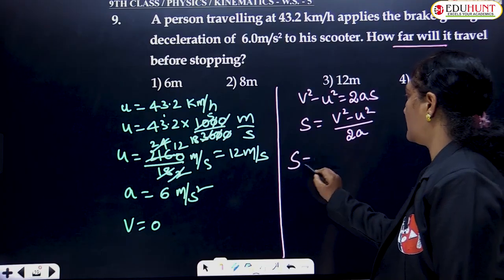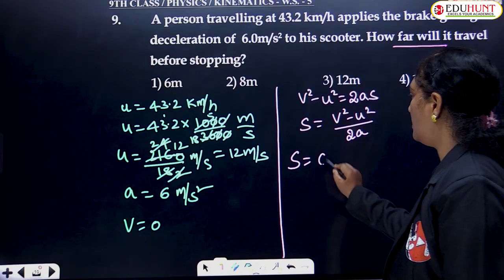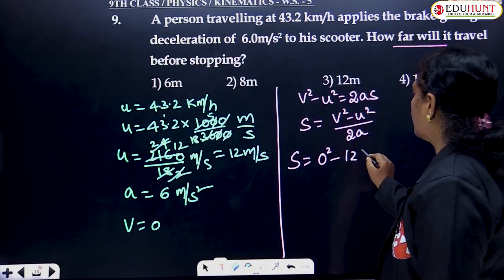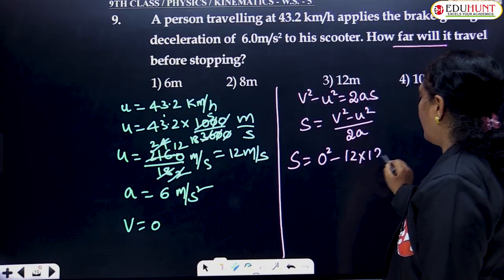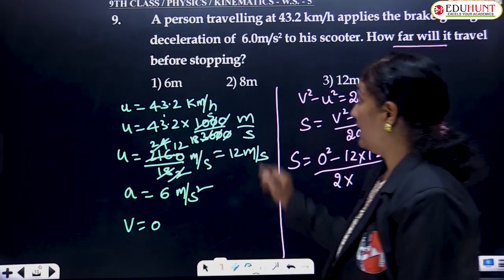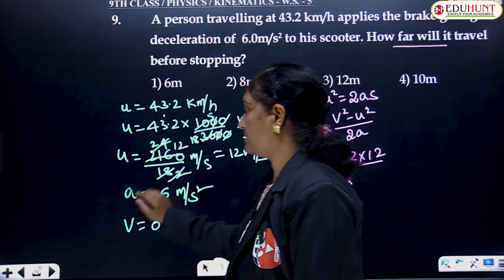So S is equal to V square minus U square by 2A. How much before stopping? Final velocity is 0. So 0 square minus initial velocity 12 square, which is 12 into 12, upon 2 into A. Deceleration was given as 6 meter per second square.